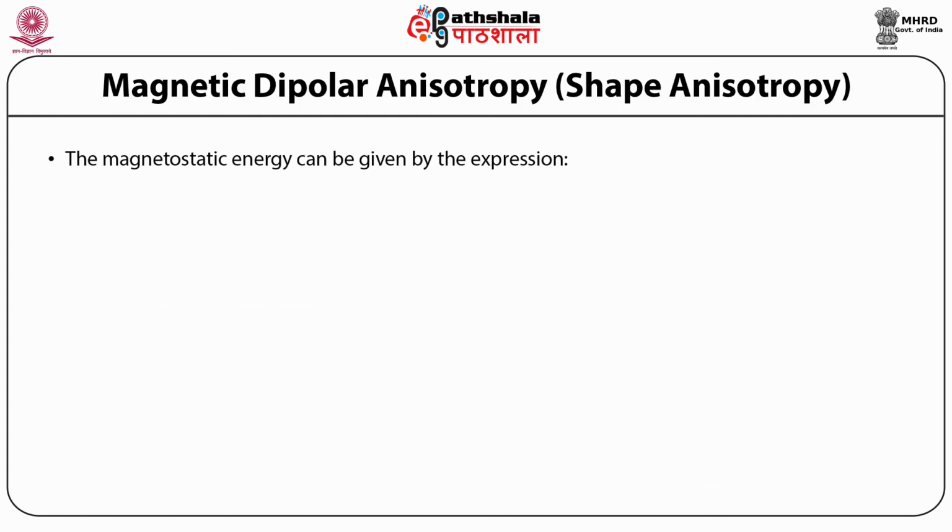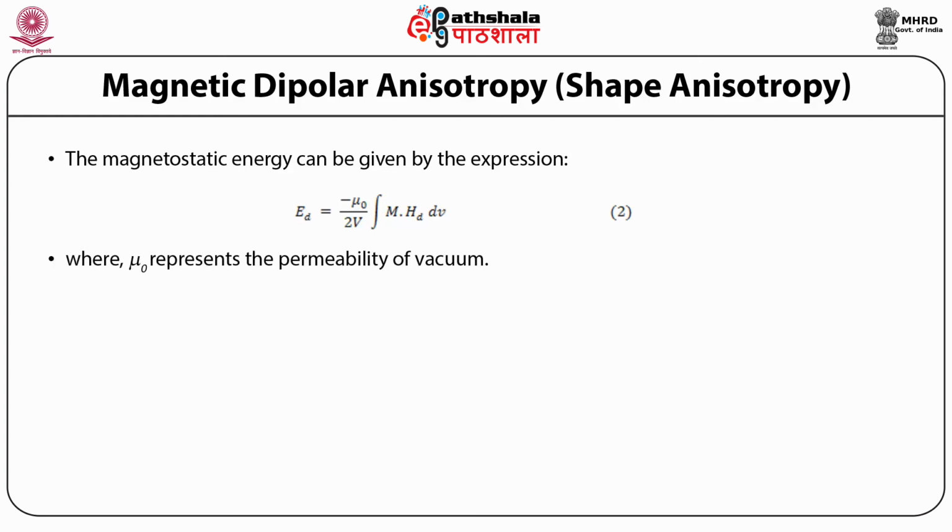The magnetostatic energy can be given by the expression Ed is equal to minus mu naught divided by 2V into the integral over M into Hd into dV, where mu naught represents the permeability of vacuum.